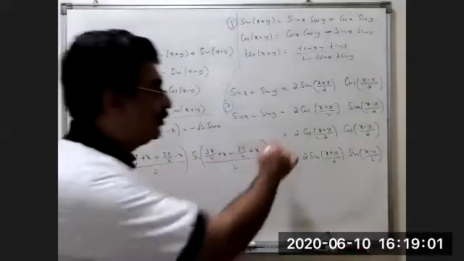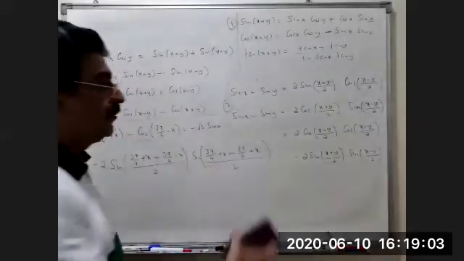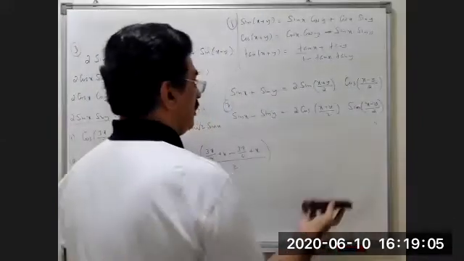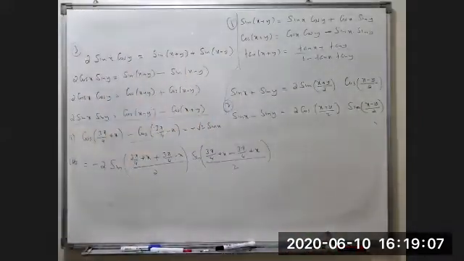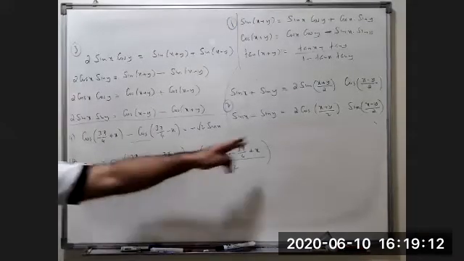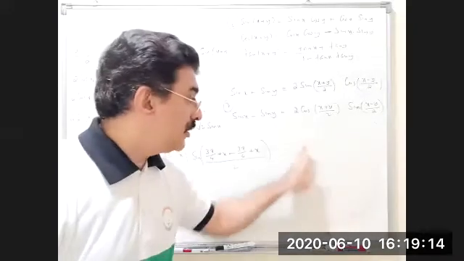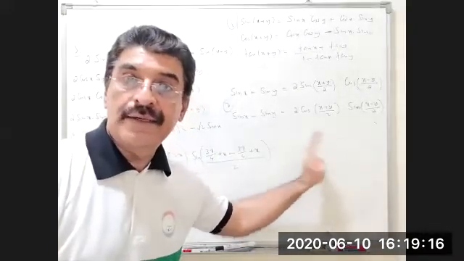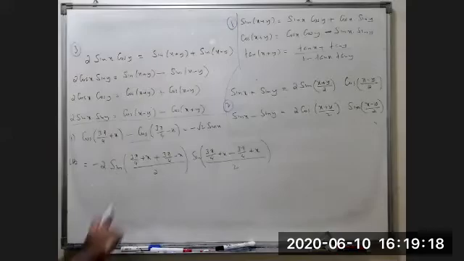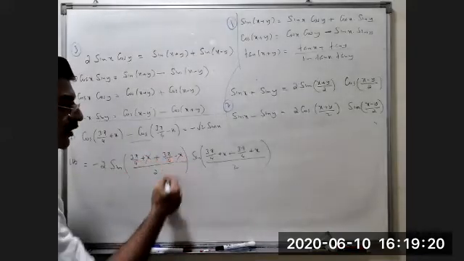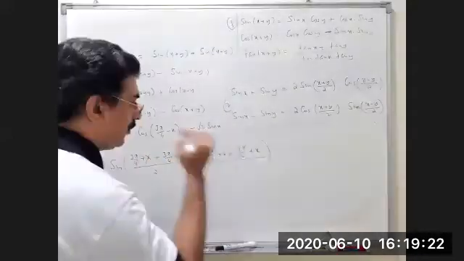So we use the formula cos x minus cos y. In the examination, it is better to write the formula used on the right-hand side, because that is useful. Now here, x and minus x cancel; here, 3π/4 cancels.